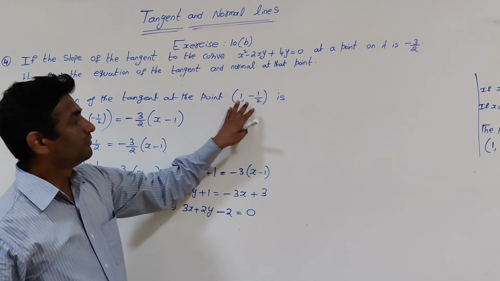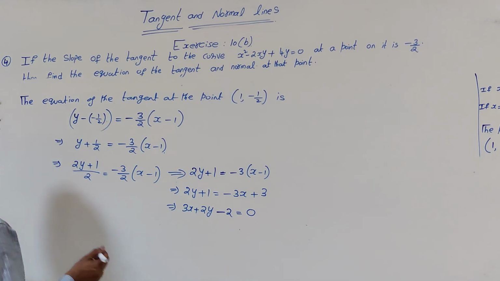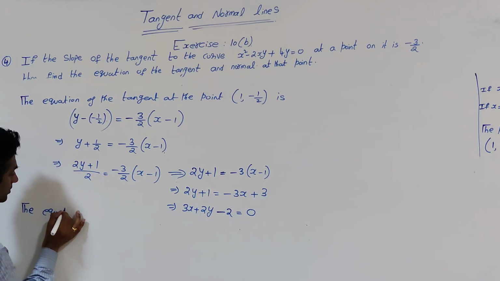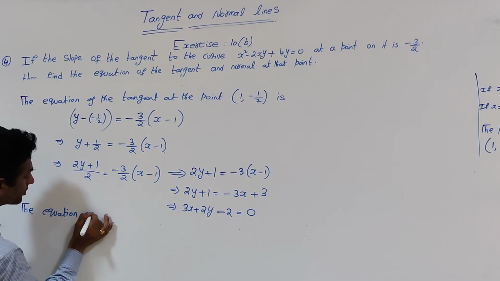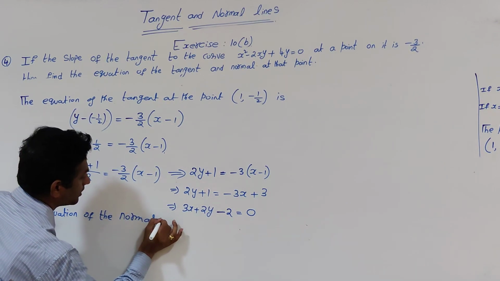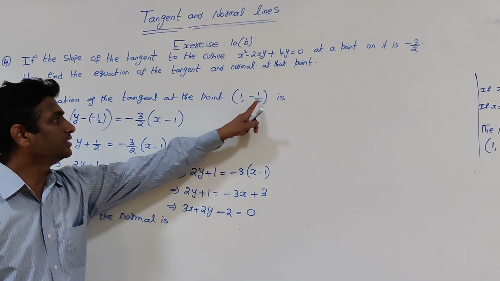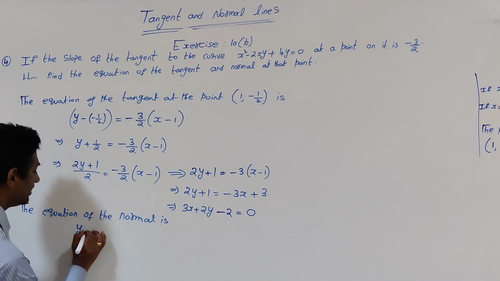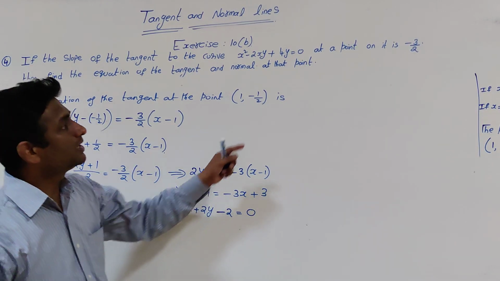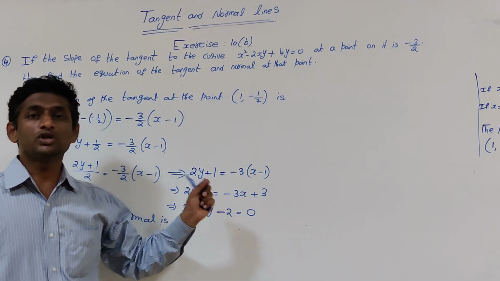Next, we will find the equation of the normal at the same point. The equation of the normal is y - y1, but already we have -1/2, so it will be y + 1/2 equal to the slope. The slope of the tangent is -3/2, so what would be the slope of the normal line?